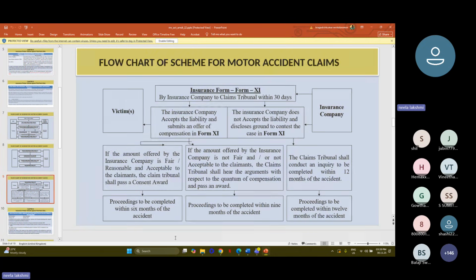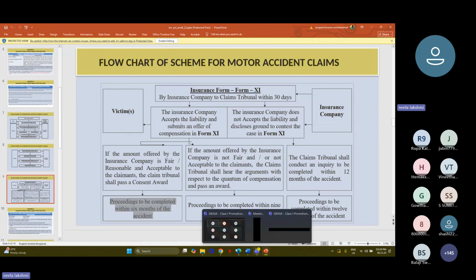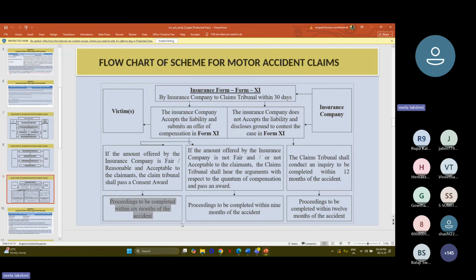Be clear with this. In the first situation, proceedings will be completed within 6 months because everything is straightforward. The company accepts liability, the offer is made, and the claimants are also fine with it. So the tribunal easily passes the award within 6 months from the date of the accident.